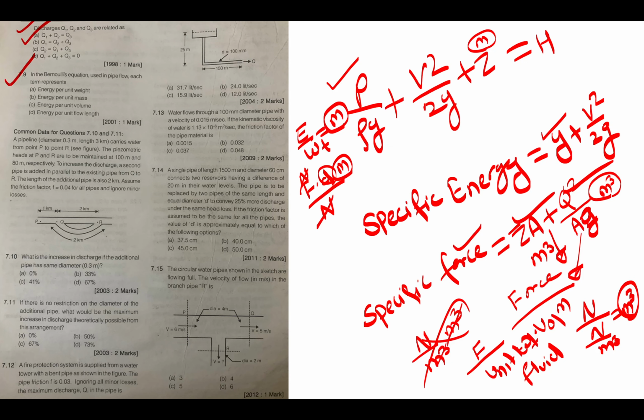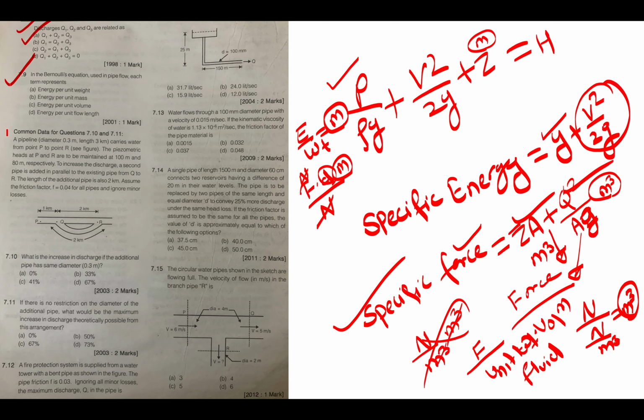In the same way here, it represents your energy per unit weight. So remember, sometimes people might be confused here. Specific force, sometimes people without thinking much say it is a force per unit volume, but it is not; it is force per unit weight of the fluid.